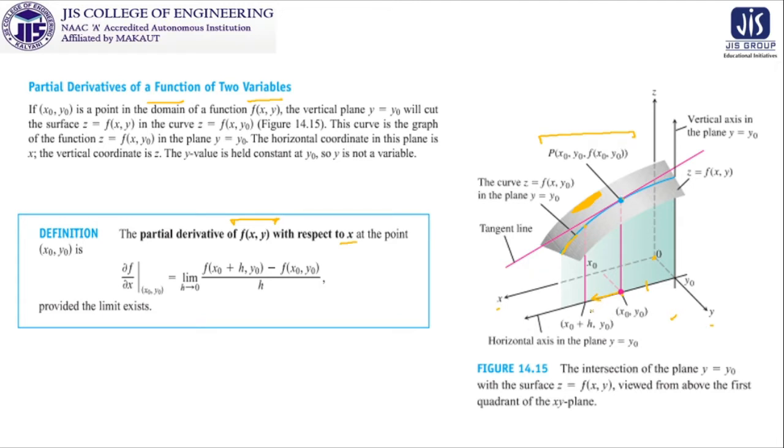Now if this h tends to 0, that means this point will tend to (x0, y0) and this curve will tend to be the tangent line of this one. So this limiting value is nothing but the partial derivative of f with respect to x, and it should be specified that the notation, because students sometimes make this confusion, it is not d, it is del x of f. Clear?